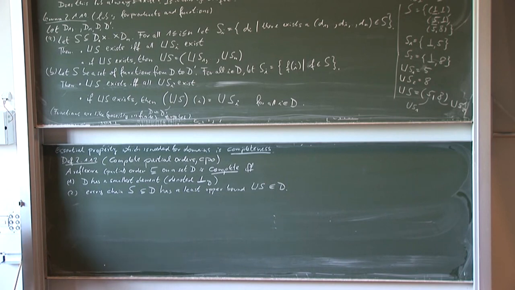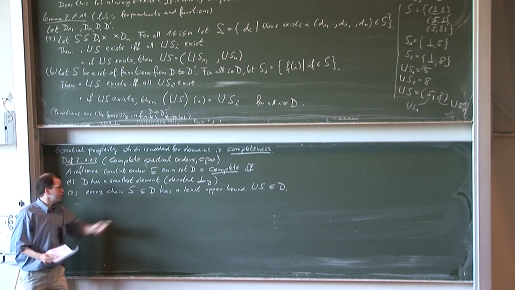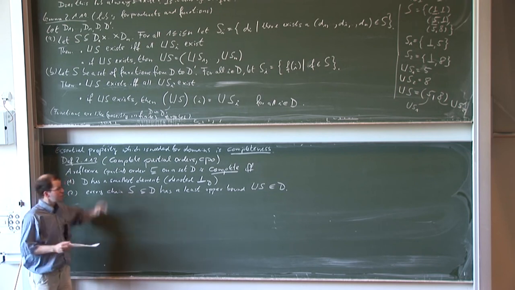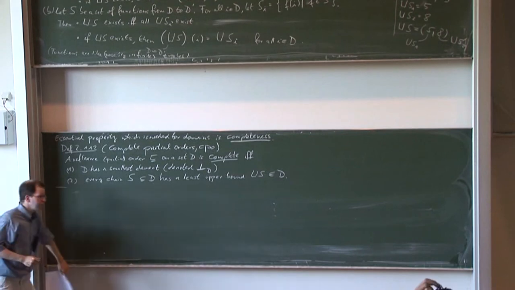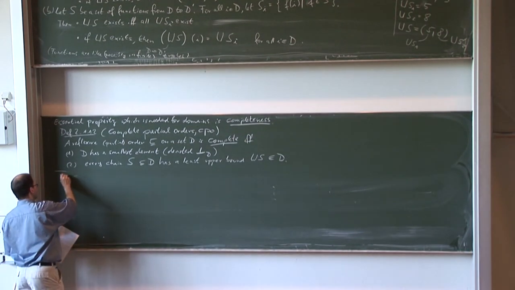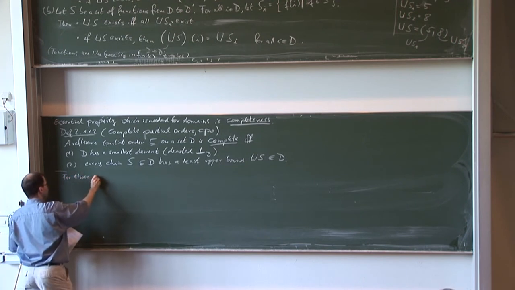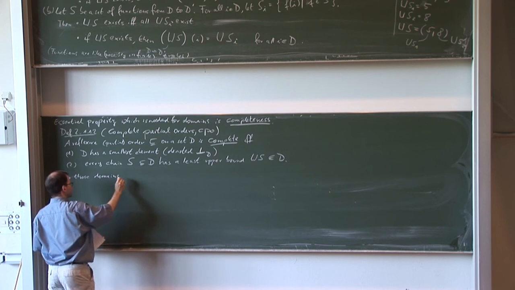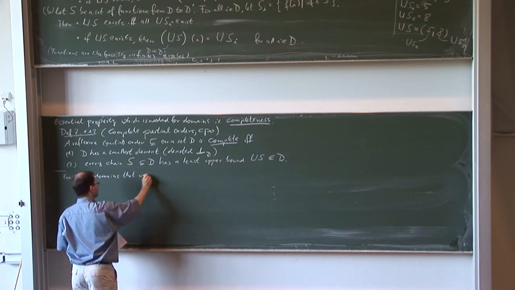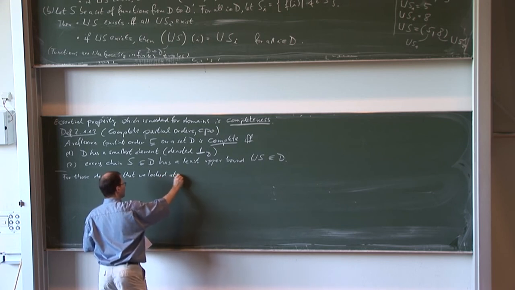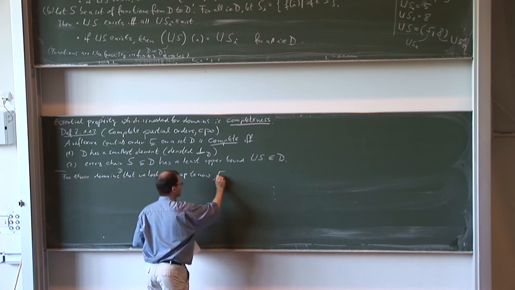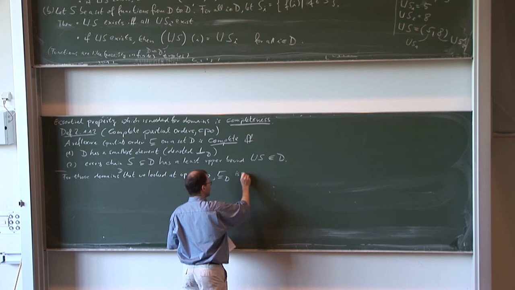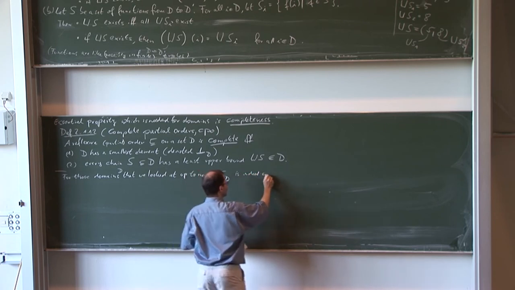So, for those domains that we looked at up to now, the less defined or equal relation is indeed complete.